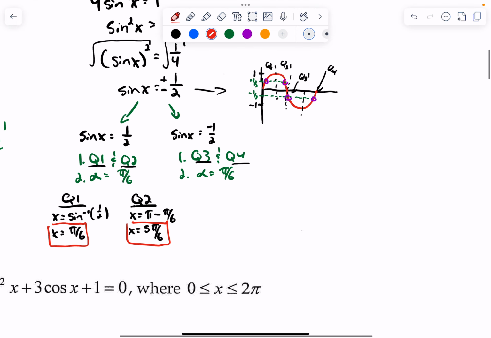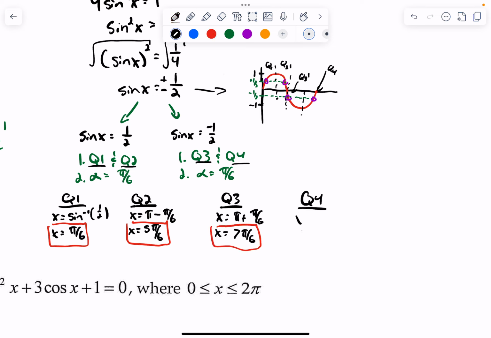But there's 2 more. Your quadrant 3 is x being pi plus pi over 6. So in that case, that is 7 pi over 6. That's your 3rd solution. And then quadrant 4 solution would be x is 2 pi minus pi over 6.